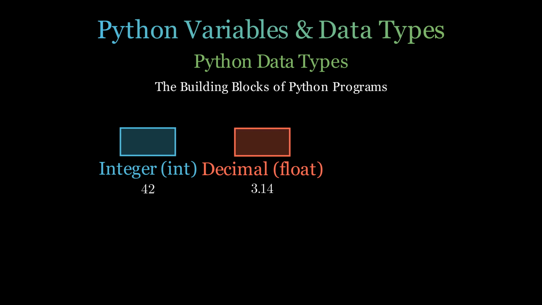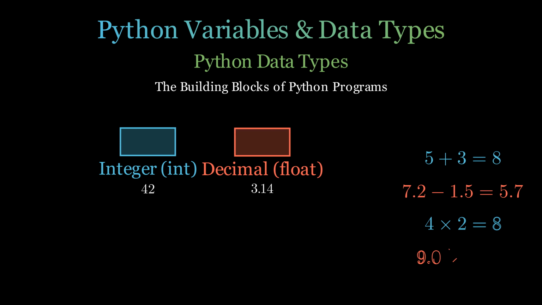Let's focus first on numeric types. Integers are used for counting and discrete values, while floats are used for measurements and continuous values. An important difference is that integers are exact, while floats have limited precision due to how computers store decimal numbers. Both integers and floats support arithmetic operations.